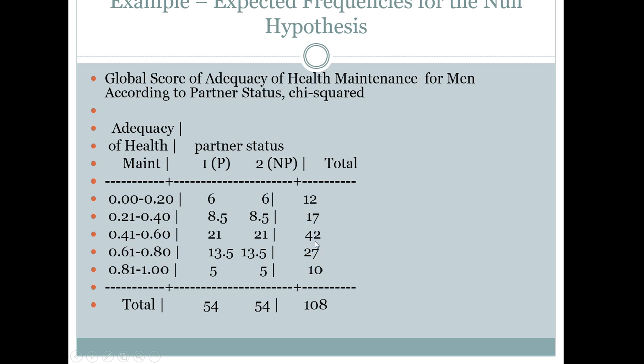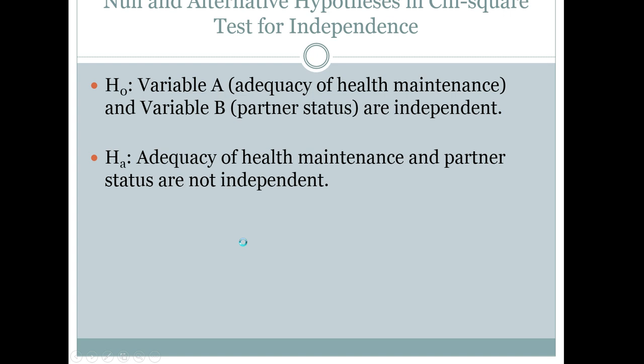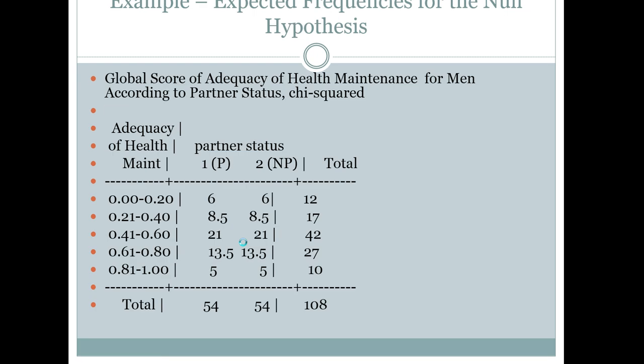The total was 41. You divide it simply by 2, because that is again an expression of the statement that there's no difference in the observed and the expected frequencies. So you'll have an equal number of frequencies in partnered and non-partnered in all the different categories of the adequacy of health maintenance.